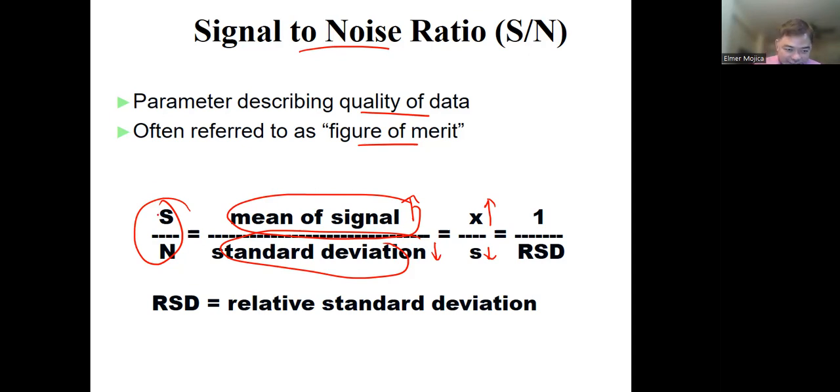Kasi itong SN na to, ito yung signal, ito yung noise. Or you modify the instrumental method. So whenever you're using this what we call instrument, the thing that you need to do is you always maximize the signal to noise ratio. Okay? Kasi mas maganda yung results mo.